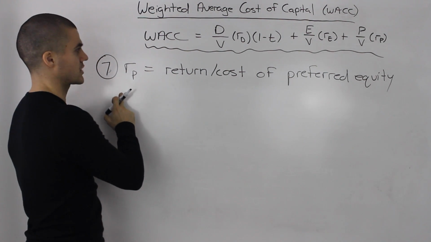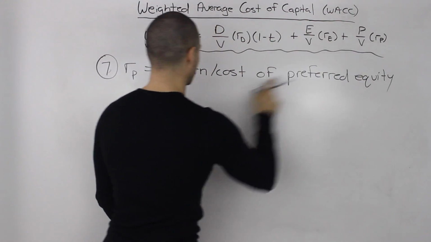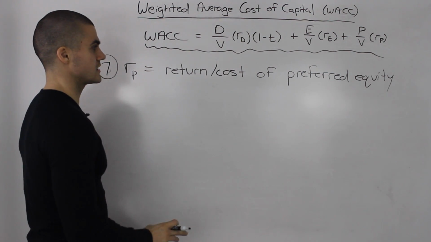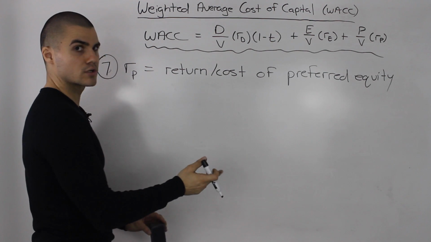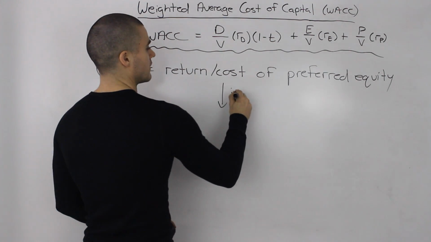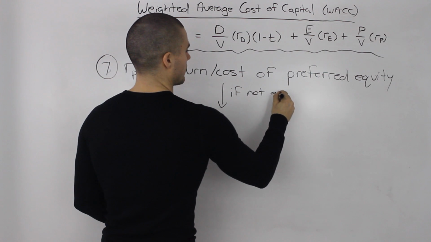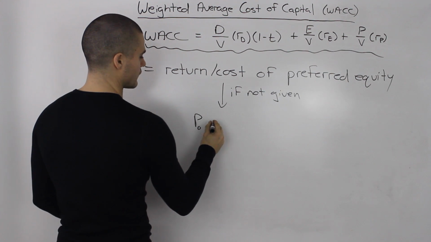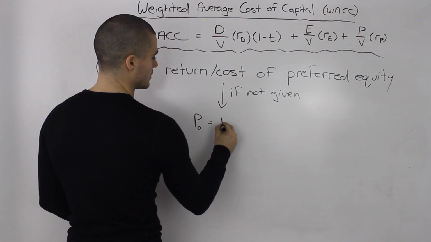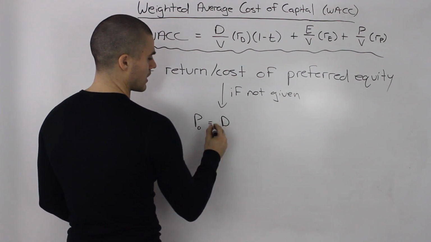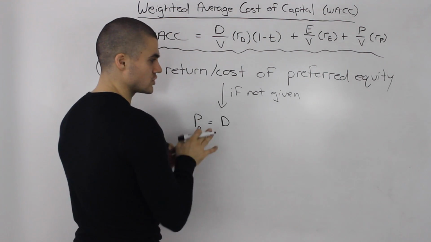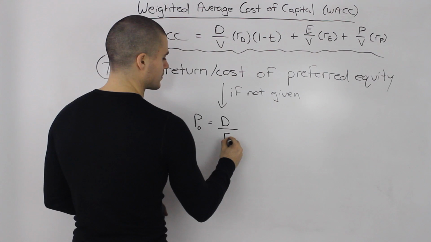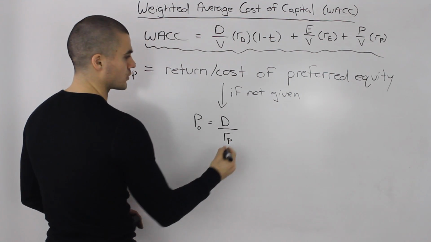Alright, so continuing on to the next step for the weighted average cost of capital, the WACC formula, and it's the final step actually, and that's calculating this RP here, the return or cost of preferred equity. And this one is super easy. Sometimes they'll give you the return on preferred equity. If not given, then remember that the price of a preferred equity stock is just equal to the dividends that the preferred is paying, usually constant dividends, they won't be growing, over RP, which is your return on preferred, which is what you're finding.